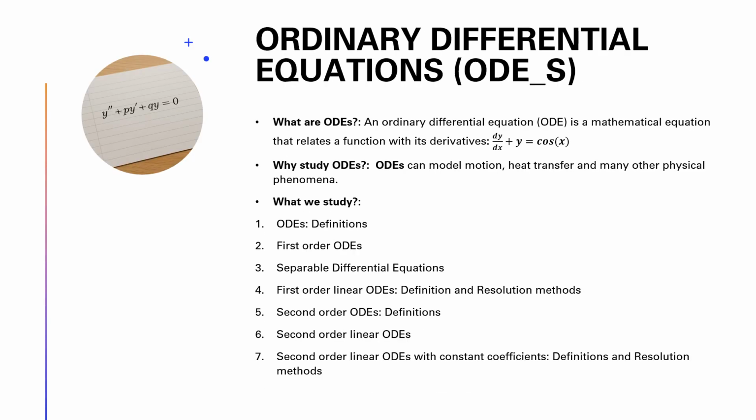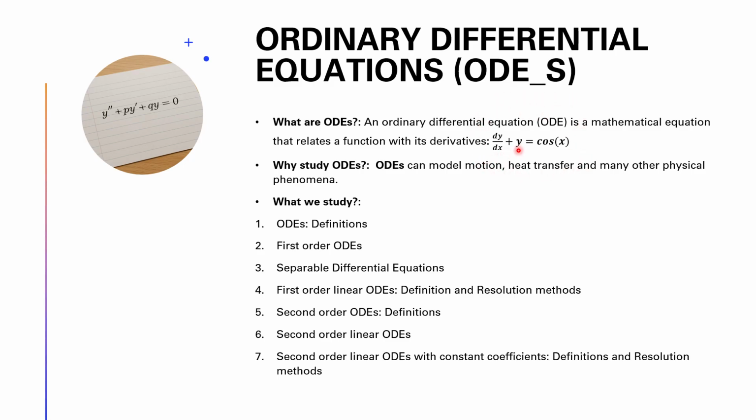Now we will move to the next chapter, which is the fourth chapter of this course, which is ordinary differential equations, or ODEs. So an ODE, or differential equation, or an ordinary differential equation, is a kind of equation that relates a function with its derivatives. An example of this is what you are seeing in this slide.